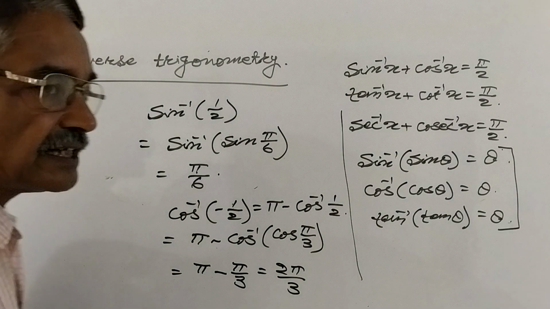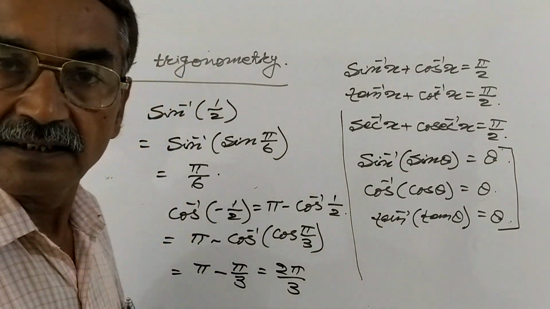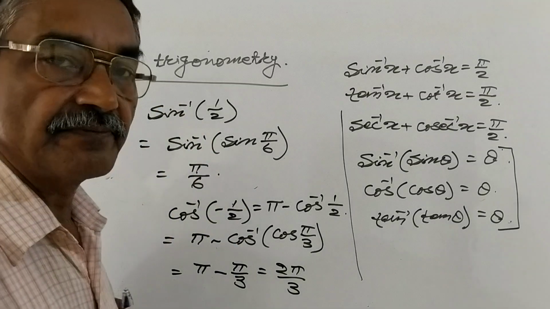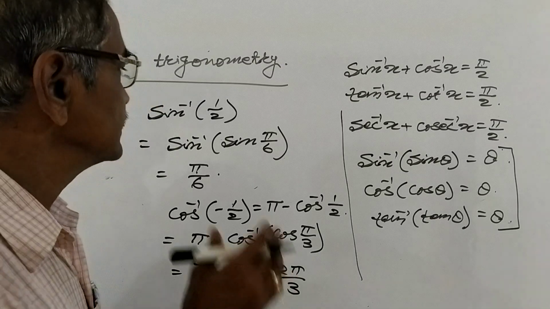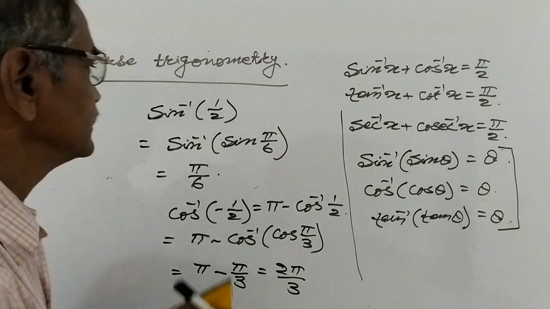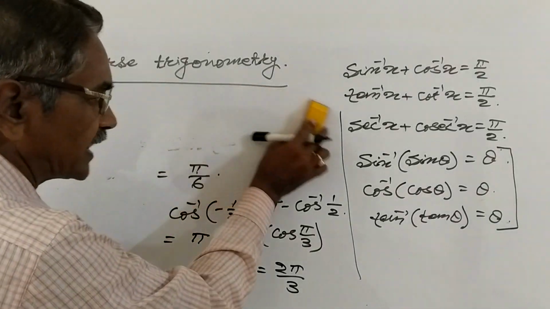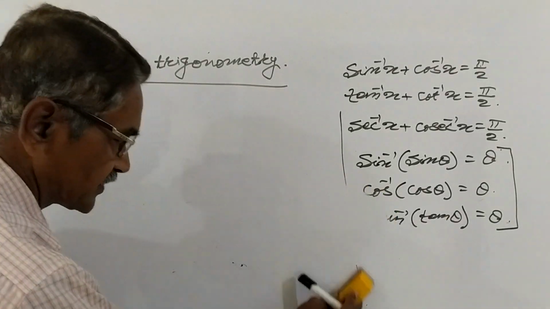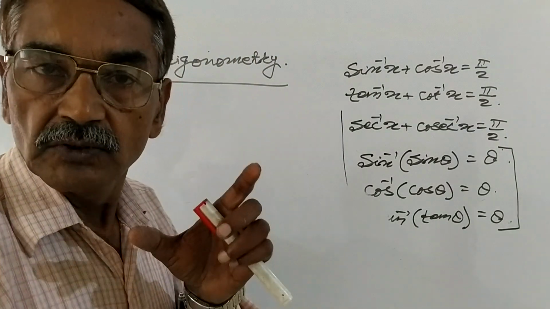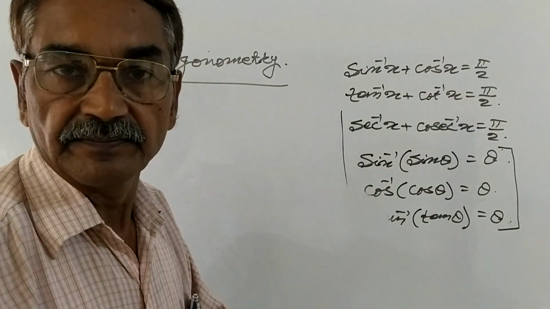Now, changing of inverse function from one to another. This is very important and you should know how to change this. See how it can be changed. Otherwise, you have to remember 25 formulae.